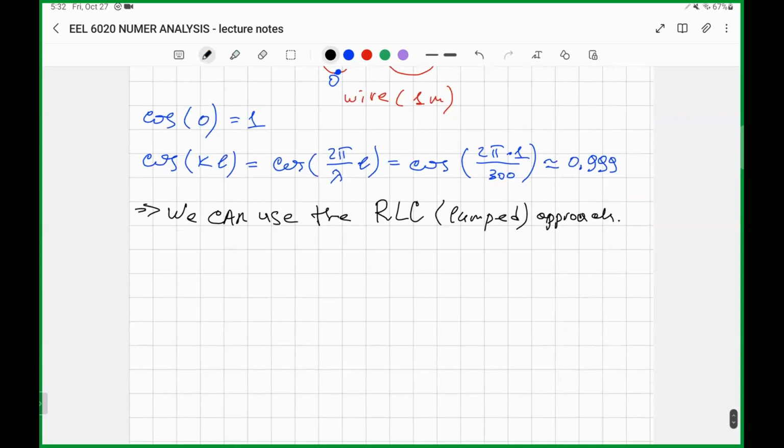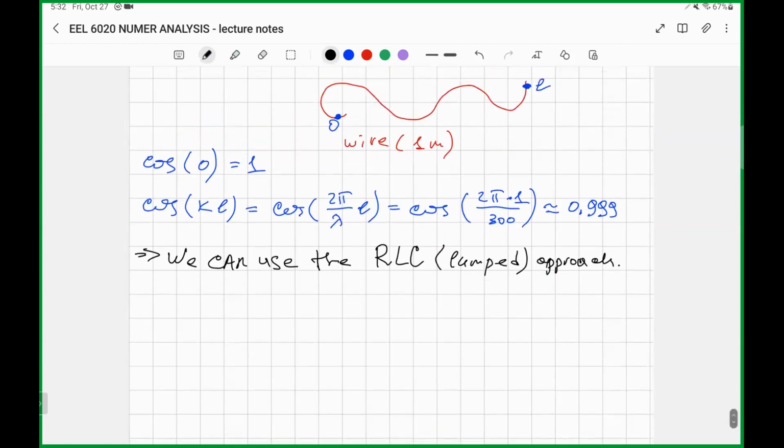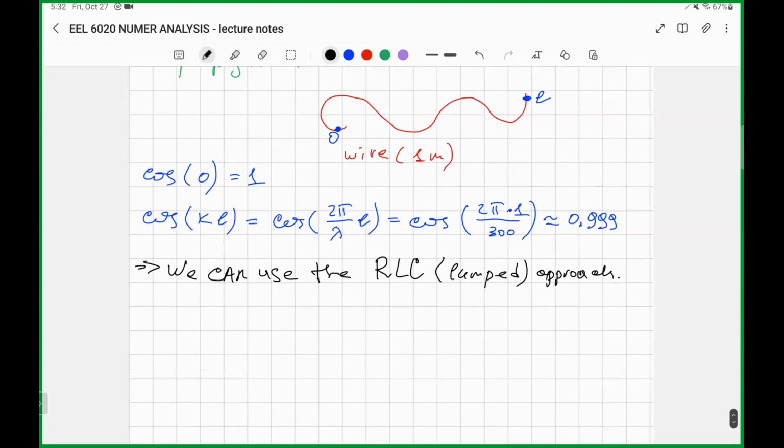This approach of lumped elements, resistors, capacitors, inductors, works only in the quasi-static approximation. Why? Because the size of a typical capacitor is maybe 1 centimeter or less, and compared to the wavelength, which is 300 meters, it's a negligibly small number.